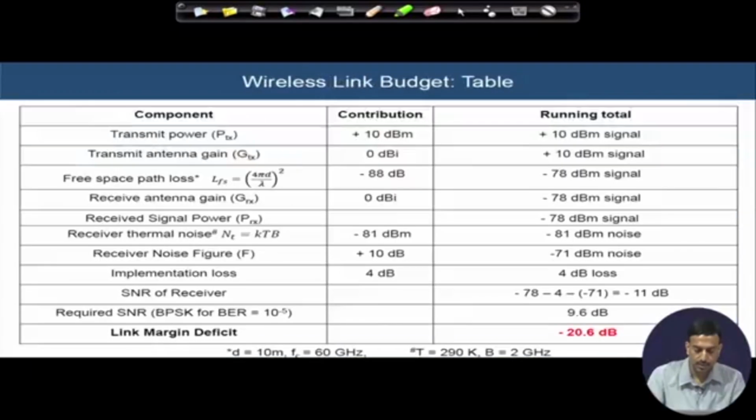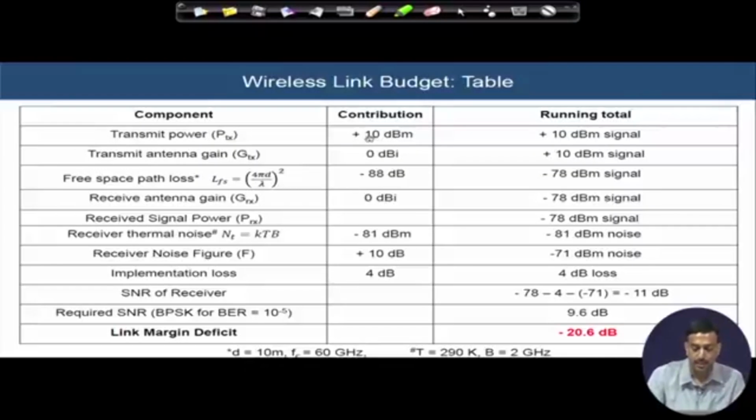But for the sake of implementation, we will limit the transmit power itself to only 10 dBm. Most of the practical 60 gigahertz transmitter systems will operate in a range of PTX equal to 10 dBm to, let's say, about 25 to 30 dBm.